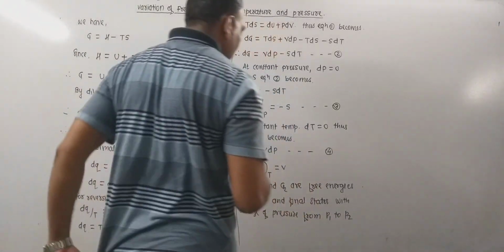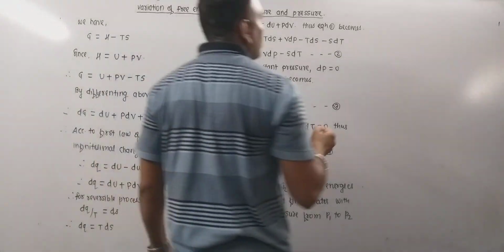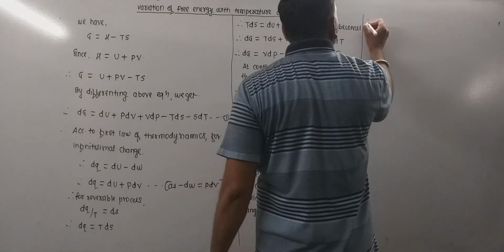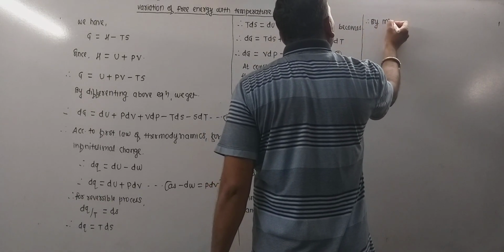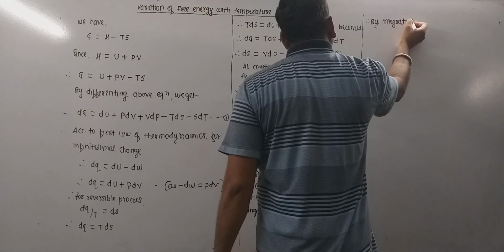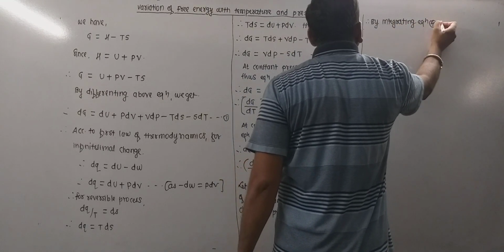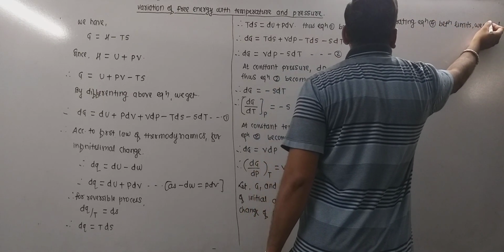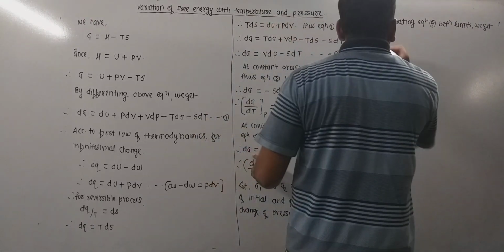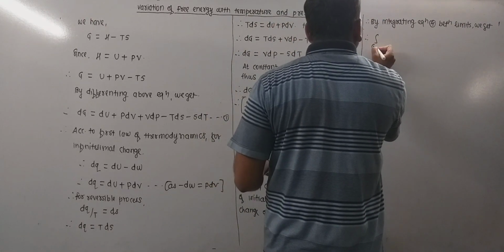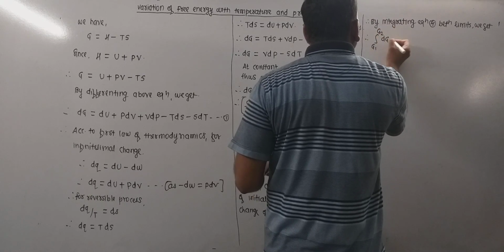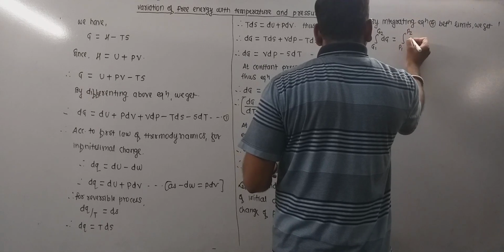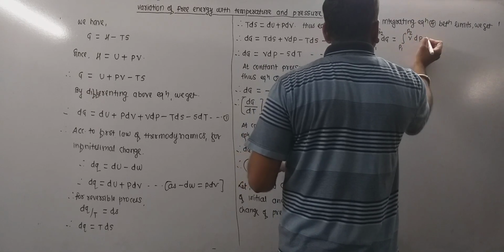So integrating equation 4 between limits, we get the integral from G1 to G2 of dG equals the integral from P1 to P2 of VdP.